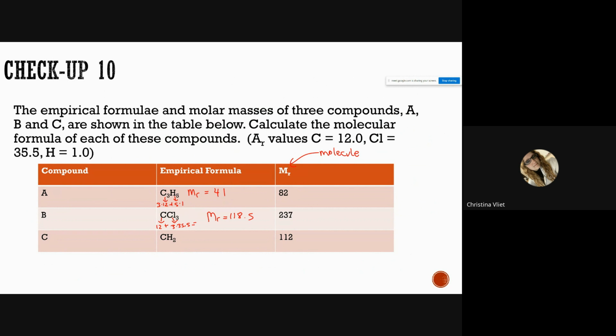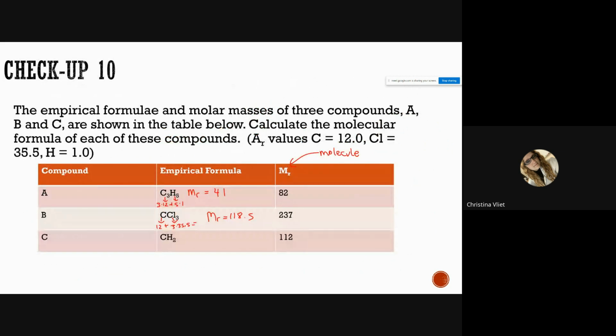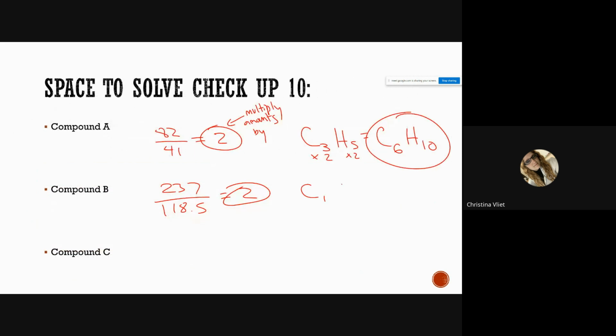So what do I do now? 237 divided by 118.5. Again, that should be 2. And so we multiply the subscripts here by 2. So it would be C1Cl3, multiply both by 2, and you get C2Cl6. Good with that?